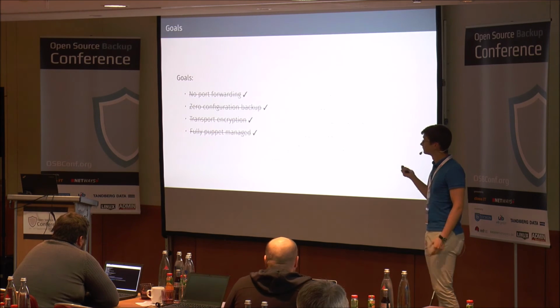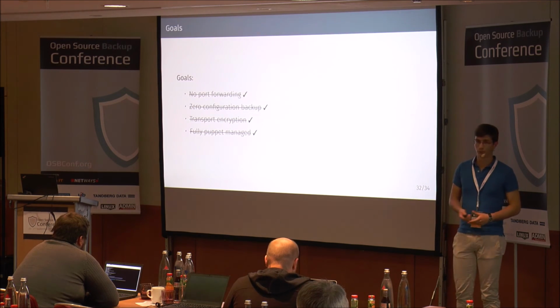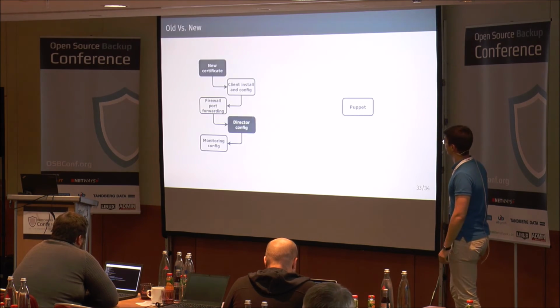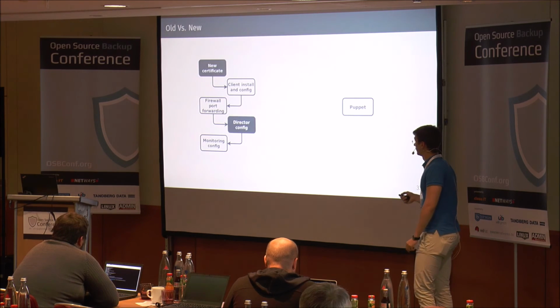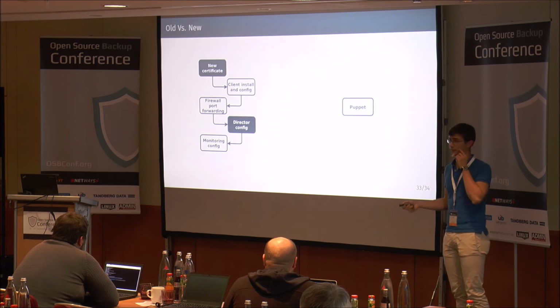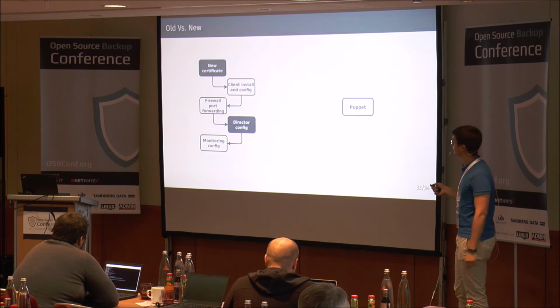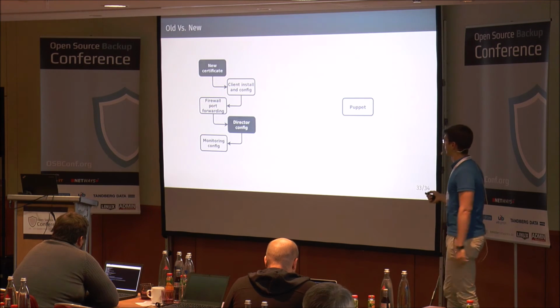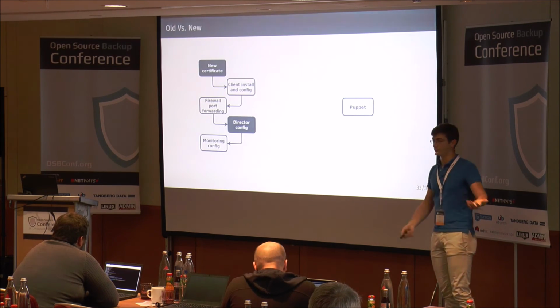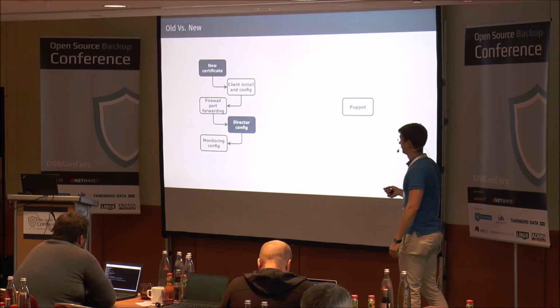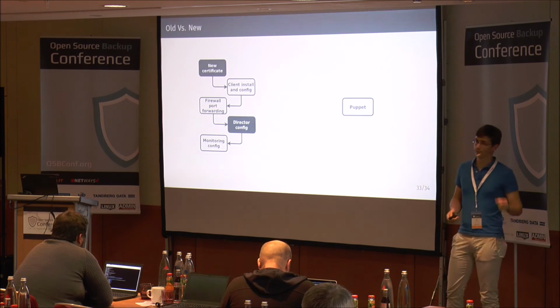Now our goals. So the conclusion is we have the old way of doing backup configuration. This is: issue a new certificate, install the client and configure it, and then do a firewall port forwarding, then do a director config, and configure the monitoring also.